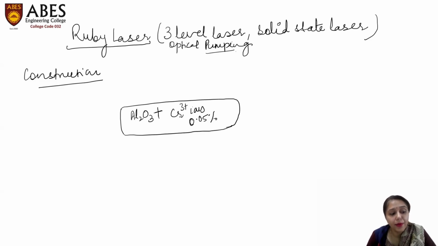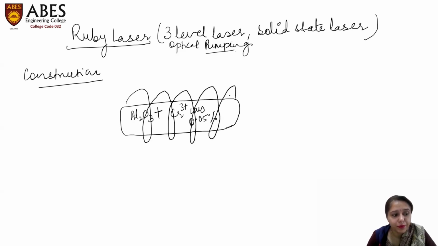This can only happen when we place a lamp, called a xenon flash lamp, around this in helical form. If it is placed in helical form, then a uniform amount of photons are going to come and give their energy to the chromium ions so that these chromium ions will be excited.